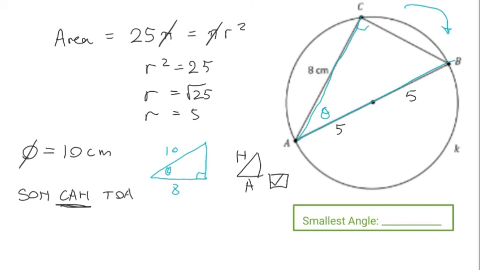So we can say that the cos of theta is equal to the adjacent over the hypotenuse, which is 8 over 10, and therefore we can get the cos inverse for the angle. So theta is equal to cos inverse of 8 over 10.